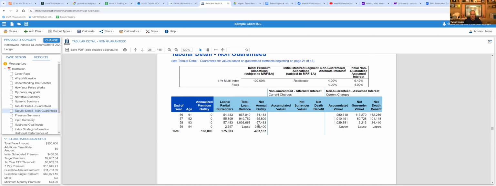I actually think that's a great training for next week. What we can do next week is take what we've done here and pivot into VUL. That'll be a pretty quick piece because it's really just swapping out engines, and the vehicle's the same, everything else is the same. In that same conversation we can talk about how functionally all permanent life insurance policies are designed the same, or work similarly.